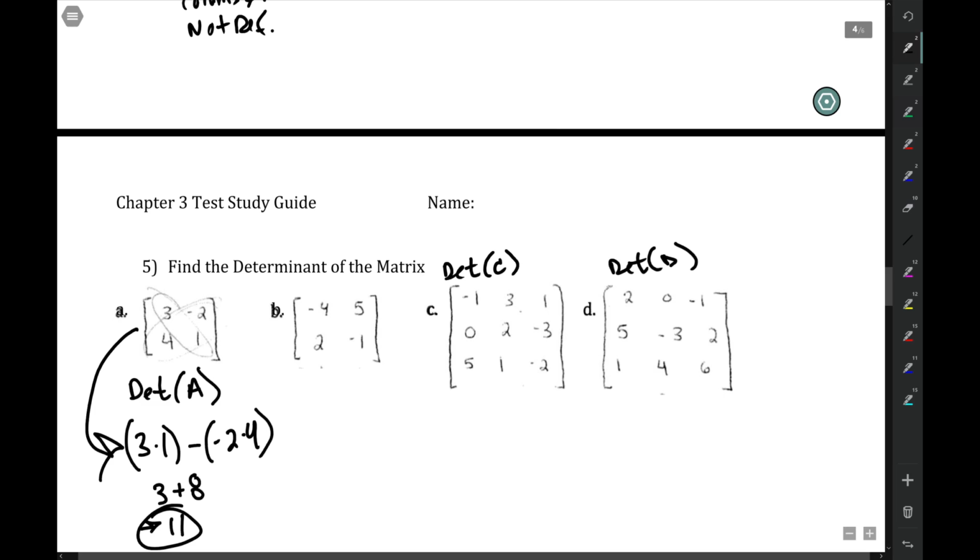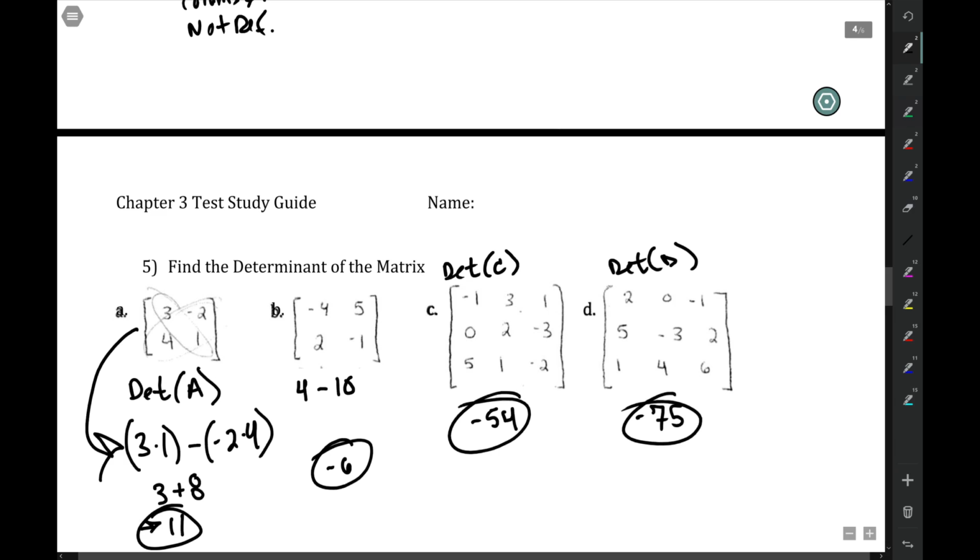They're more involved. This one looks like 4 minus 10, or -6. You should have -54 for this one, and -75 for this one here.